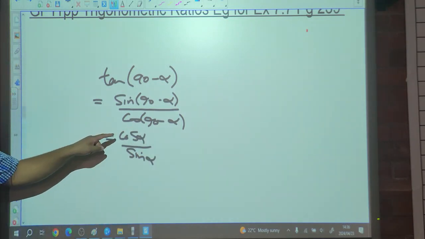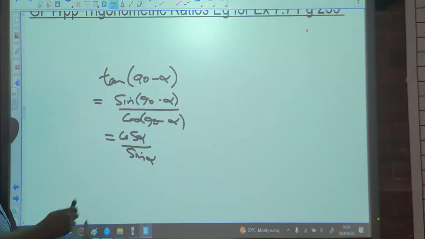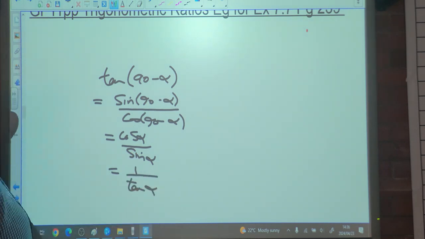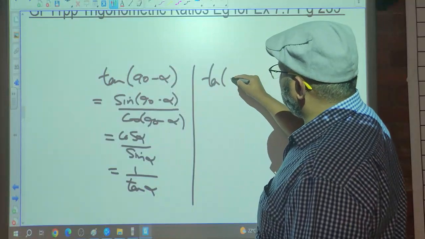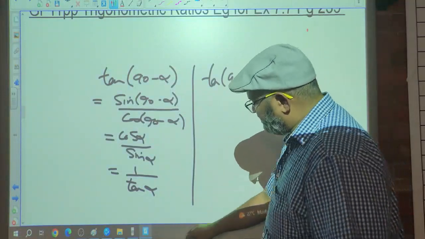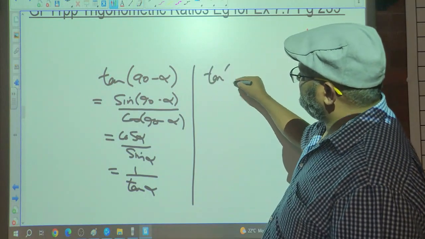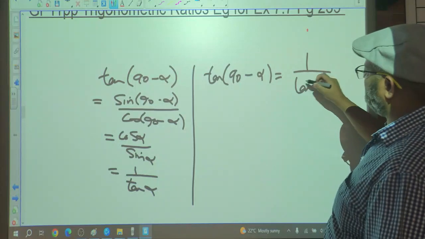Now remember, sine over cos is tan, but cos over sine is the reciprocal, which is 1 over tan. That is why I say that tan of 90 minus alpha is going to be 1 over tan alpha.